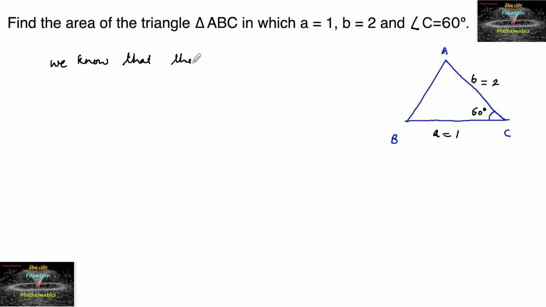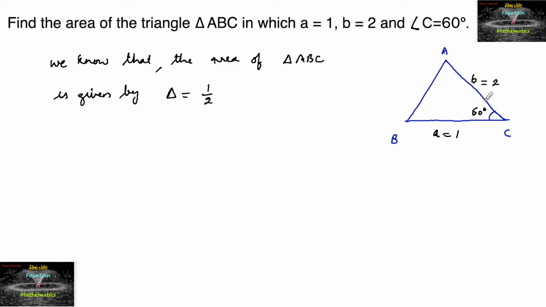And we know that the area of triangle ABC is given by delta is equal to half.